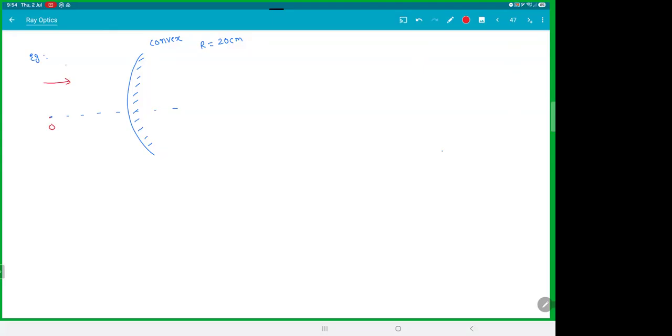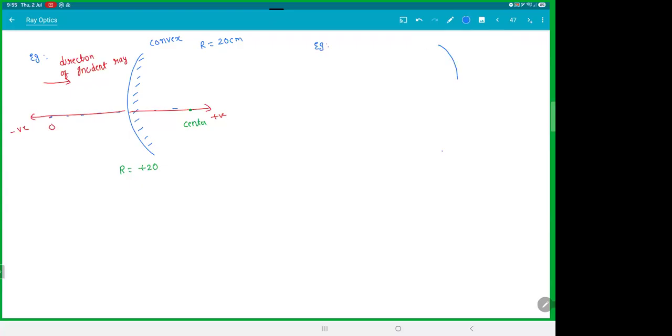So this is the direction of rays. Even radius of curvature will have a sign convention. So this is positive, this is negative. Now you ask, where is the center? For this convex mirror, the center is on the right side. Therefore, radius of curvature is plus 20. That is how you do it.